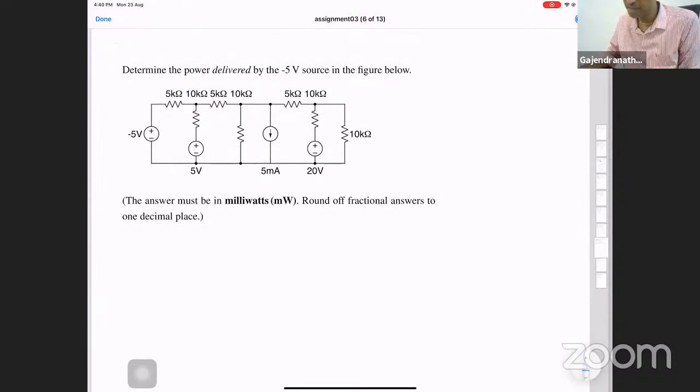Determine the power delivered by the -5 volt source in the figure below. We want to find the power delivered by this source, so we need to know the current also. How do I figure out the current?